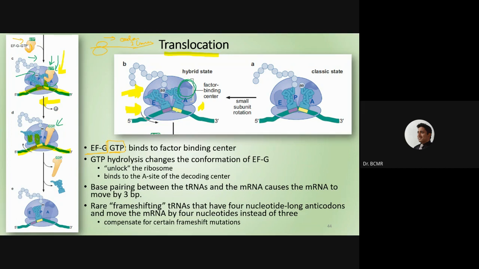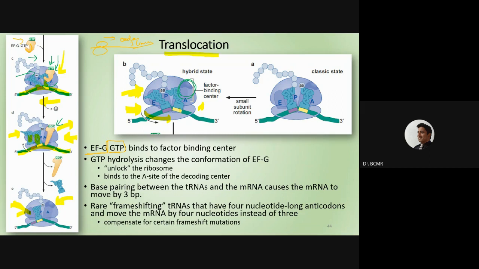Once it moves, the small subunit moves here, and the mRNA and the tRNAs are moved, or you can say the ribosome moves forward like this. And eventually the already existing tRNA in the E site will move out, and a new tRNA will come into the A site.